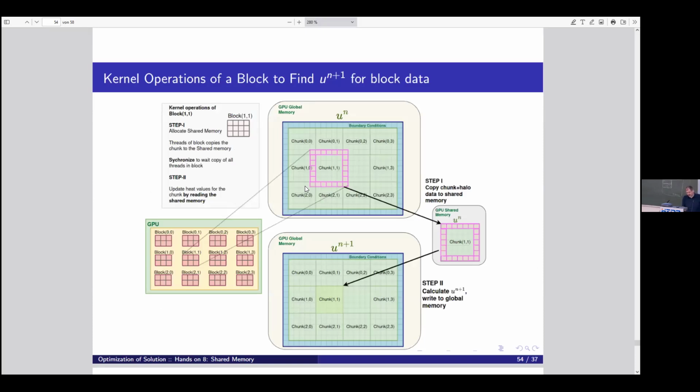But you can ask: we are copying the data initially to shared memory and then reading the data from shared memory, and this is an overhead. We are first copying the data to shared memory, so is it worth it? Since each kernel needs 5 data, if a kernel would only need 1 data, then copying to shared memory might be useless.